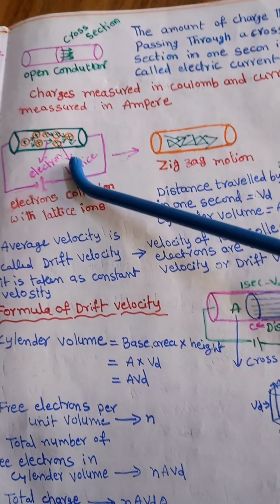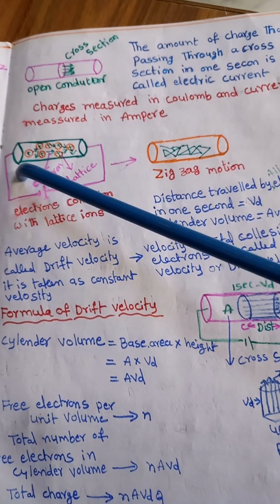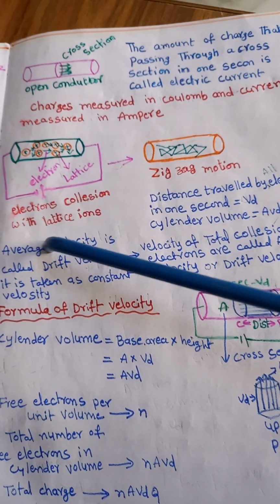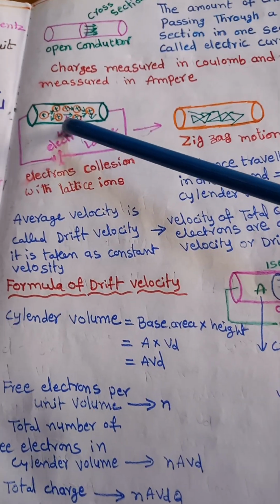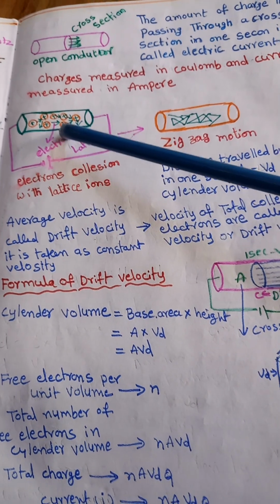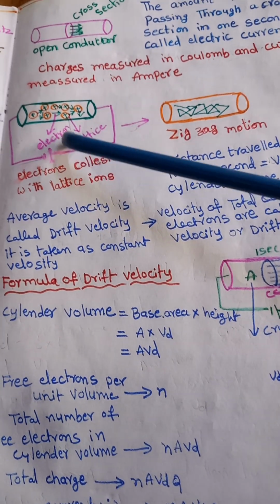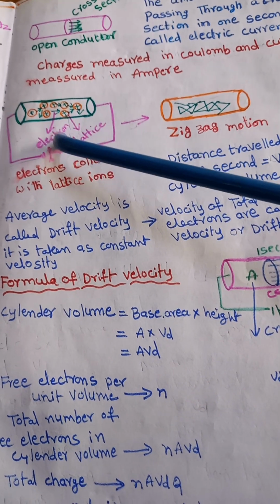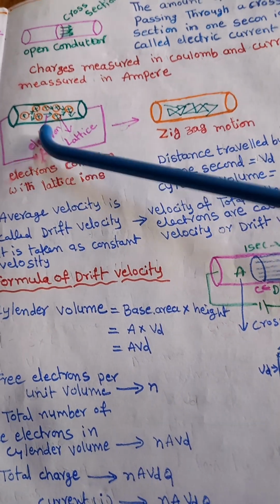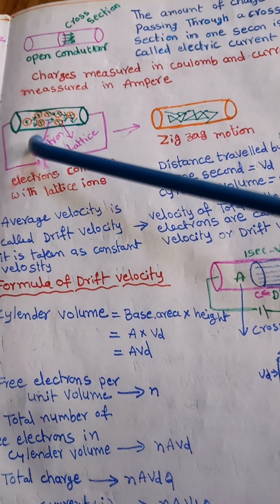When we connect the conductor with a battery, the electrons move in an ordered motion. During this period, the electrons collide with positive ions.